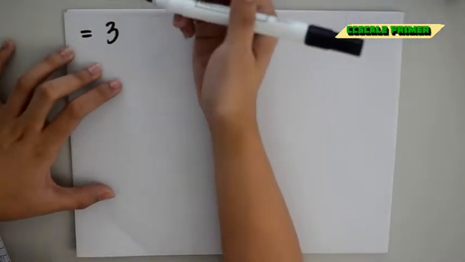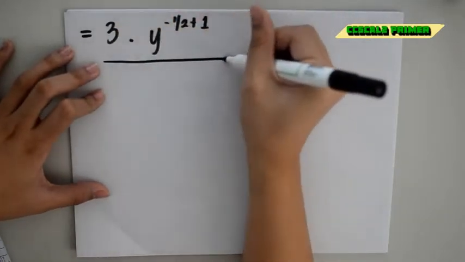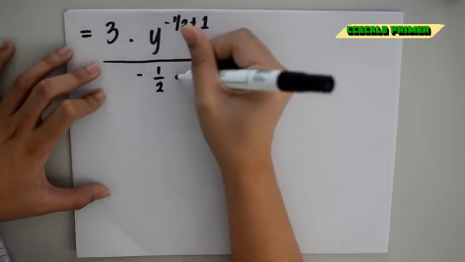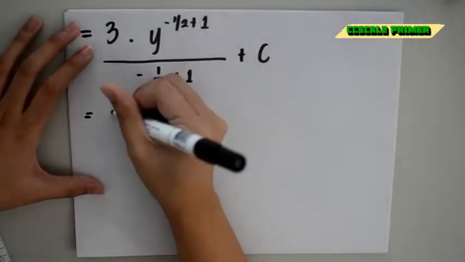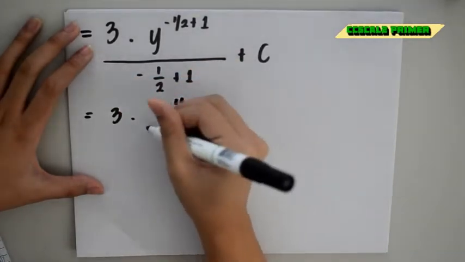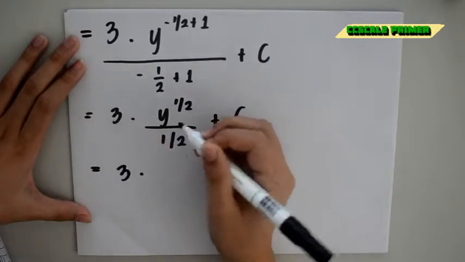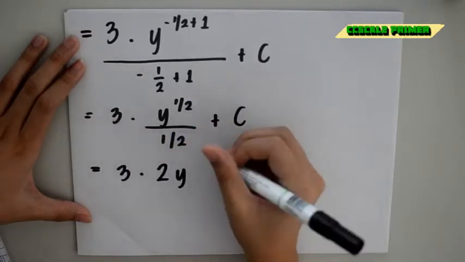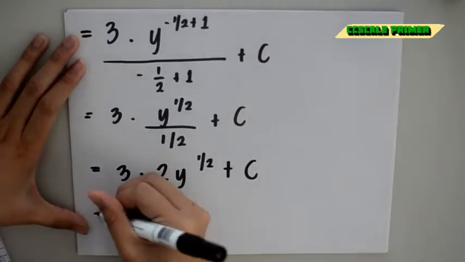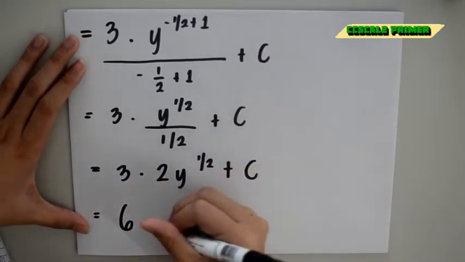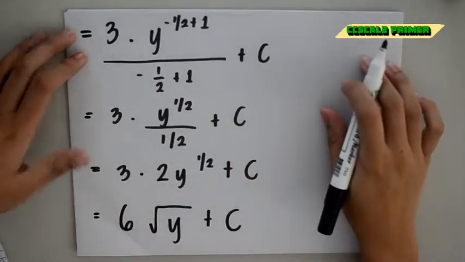Getting the antiderivative, we will now add 1 to the negative 1/2 exponent. We simplify it to 3 times 2y raised to 1/2 plus c. And then the final answer will be 6 square root of y plus c.